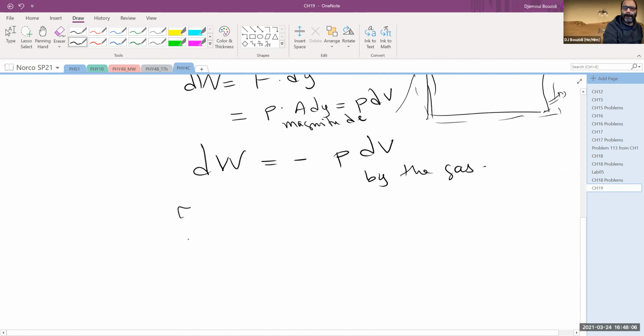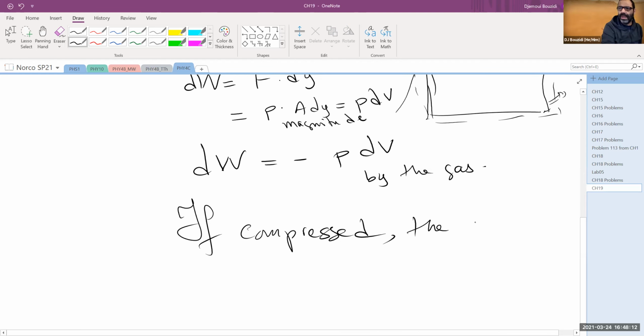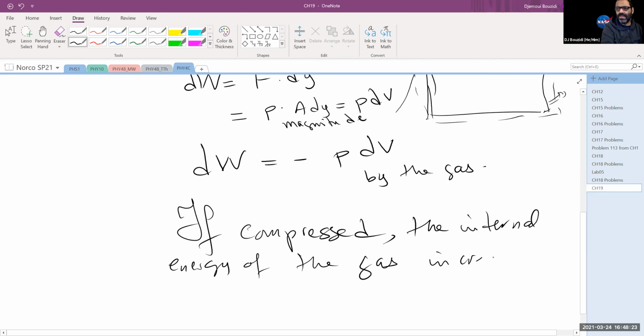If compressed, the internal energy of the gas increases, because it has to go somewhere, because I'm the one who's doing the work. It's the outside that is doing the work on the gas by compressing it.